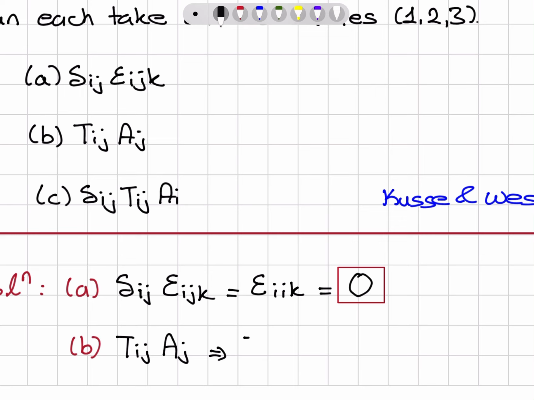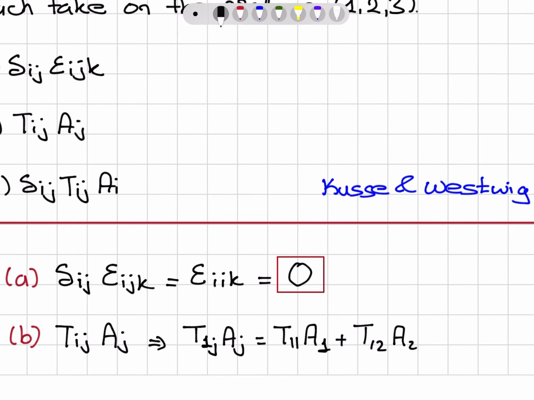So if I write when i is equal to 1, Tij Aj, this means this is T11 A1 plus T12 A2 plus T13 A3.